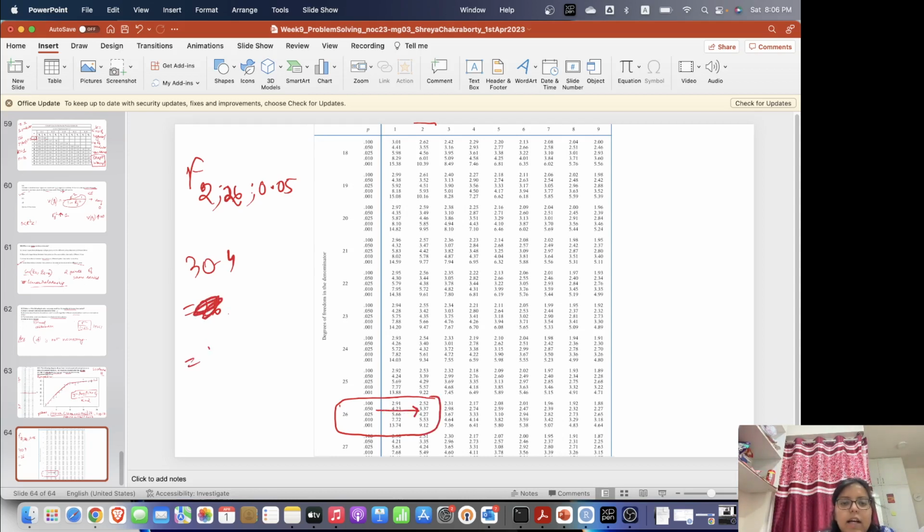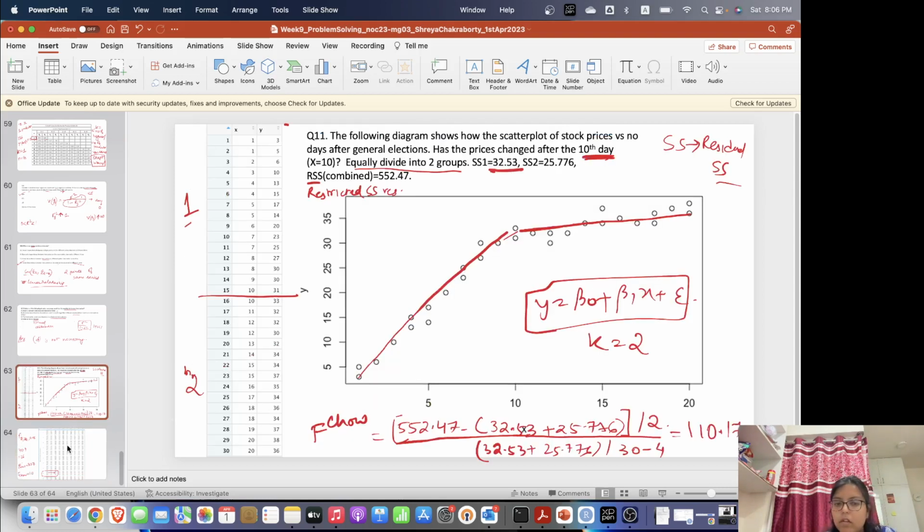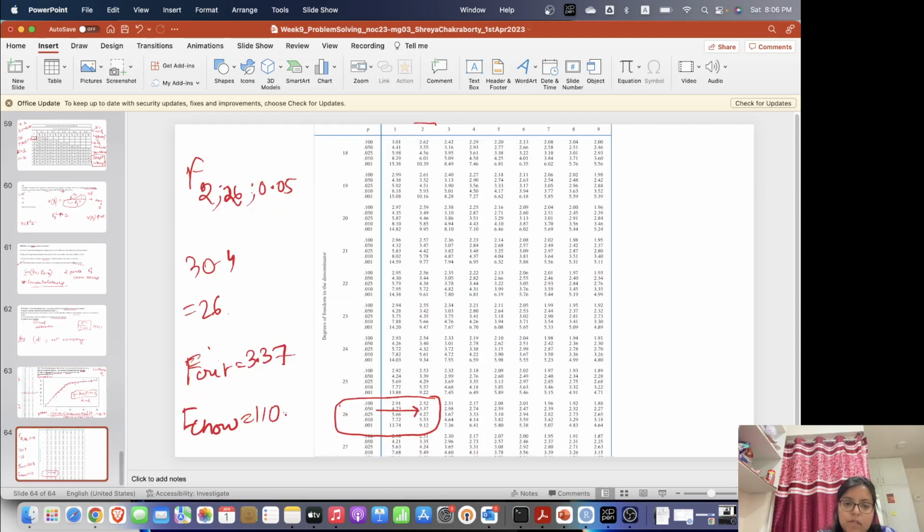So the F critical value is 3.37 and F Chow is 110, how much did we get? 110.17. So our decision will be what?